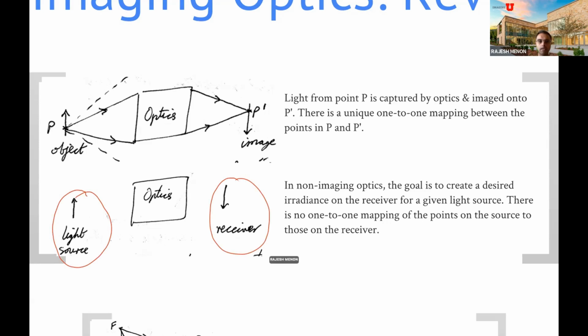Now, of course, this light source can be the sun, it can be a lamp, whatever. The receiver can be a solar cell, it can be a human eye, or illuminating a room or a road if it's a car, for instance. So there are lots and lots of options. The key property here is that there is no one-to-one mapping.